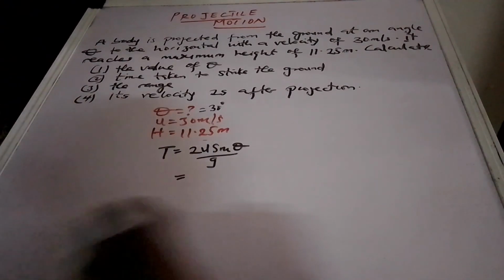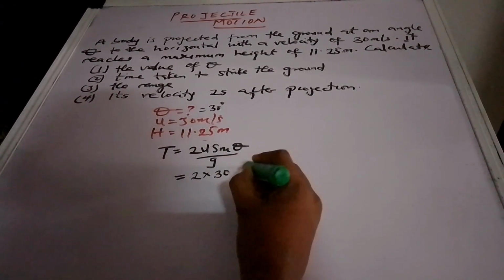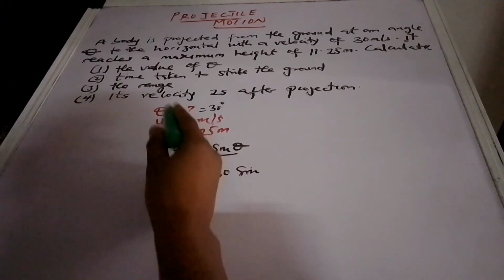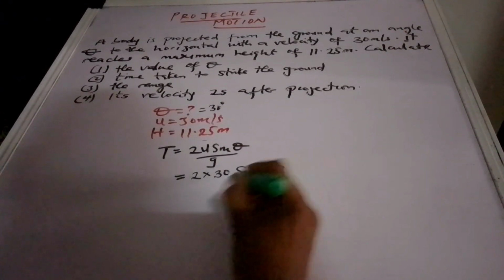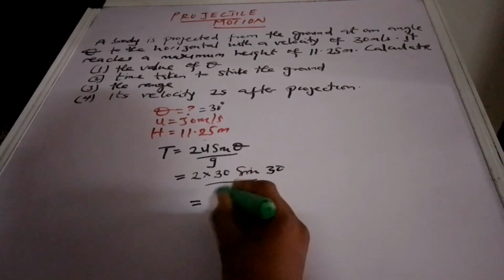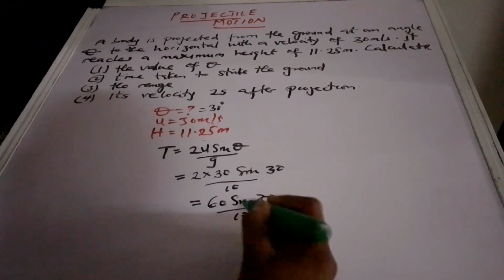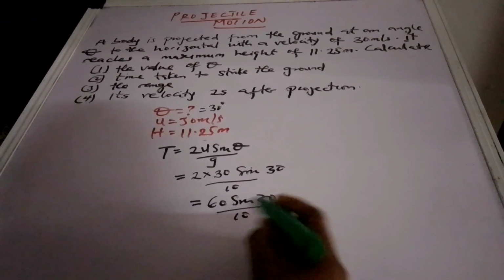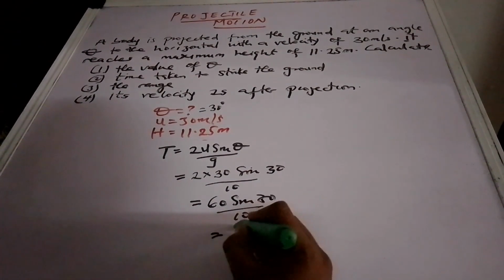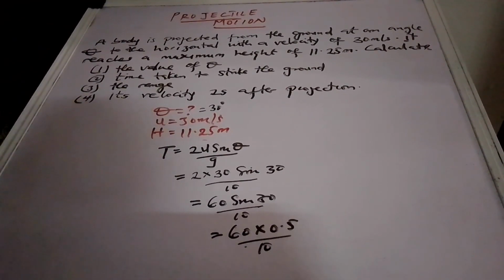So let's substitute the parameters now. 2 multiplied by u, our u is 30, sine theta, and theta is already 30 now, then over 10. So our total time of flight is going to be 60 sine 30 over 10. And sine 30 is 0.5. So it's going to be 60 multiplied by 0.5 over 10.